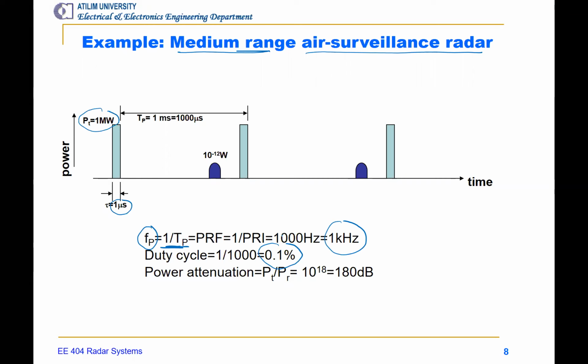So this radar seems to be transmitting 1 microsecond and then listening 999 microseconds. So most of the radars are mostly listening. Okay, transmitting in a very short time and then listening a long time for the echo. So transmit 1 unit, listen 1,000 units. Transmit 1 unit, listen 100 units. Okay?